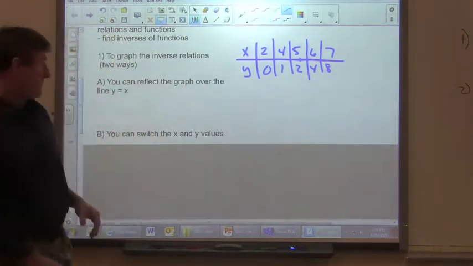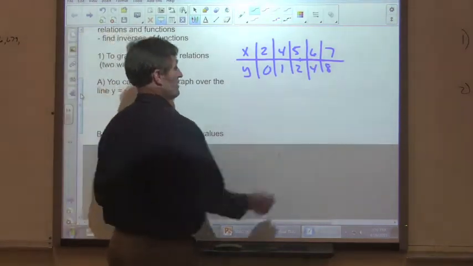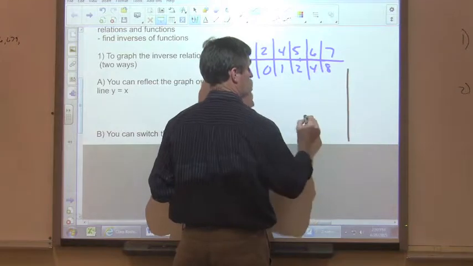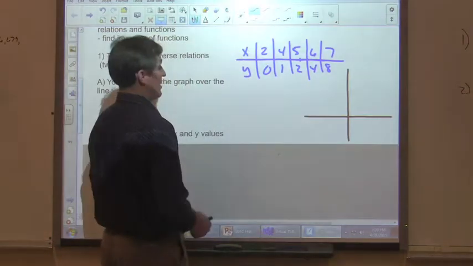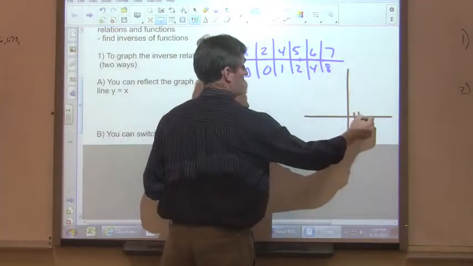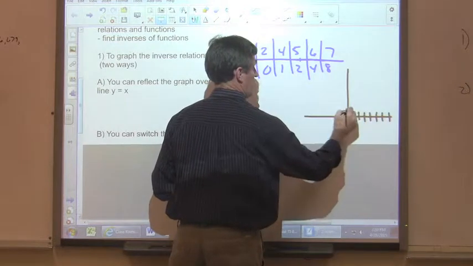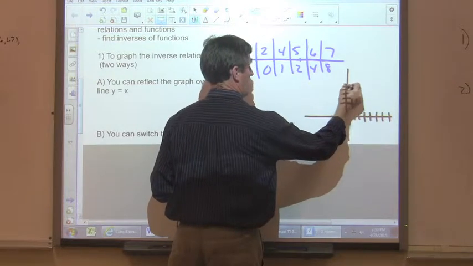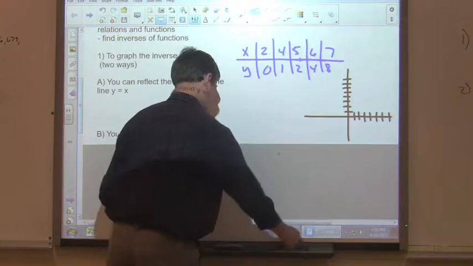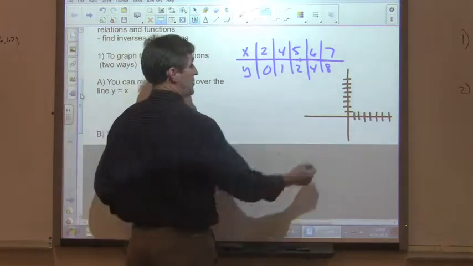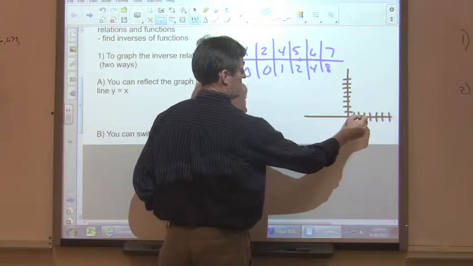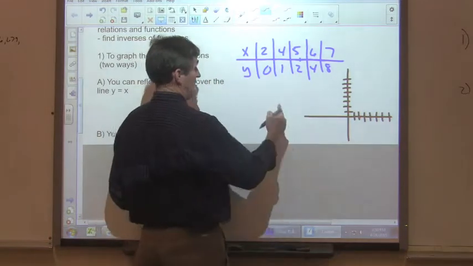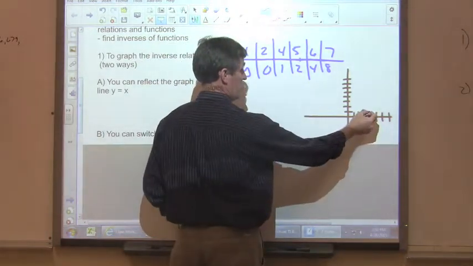So if I was to graph this on a graph, at 2 we're at 0. At 4, we're at 1.